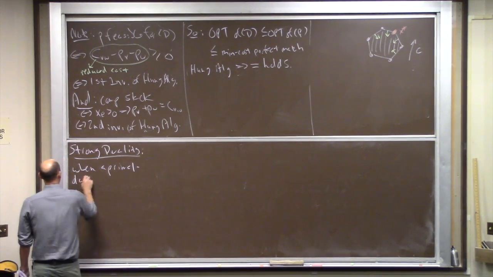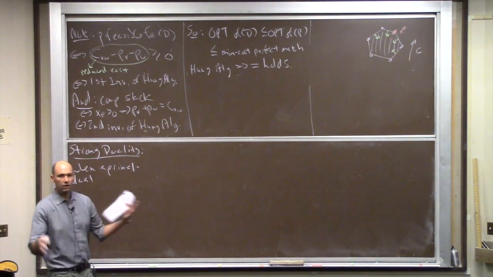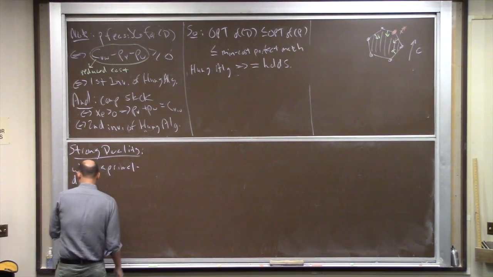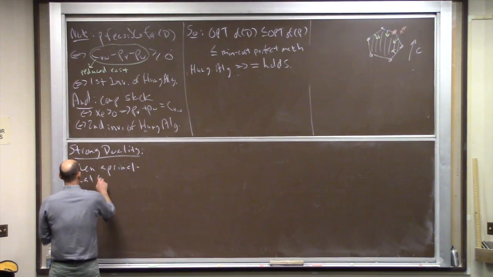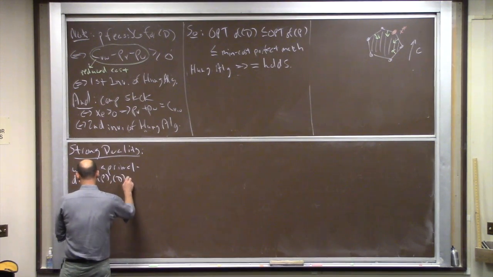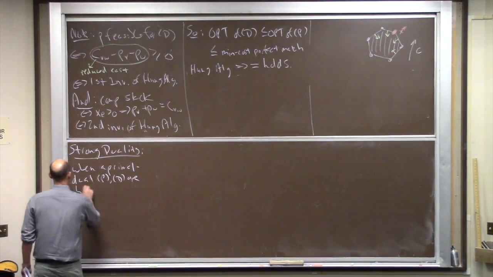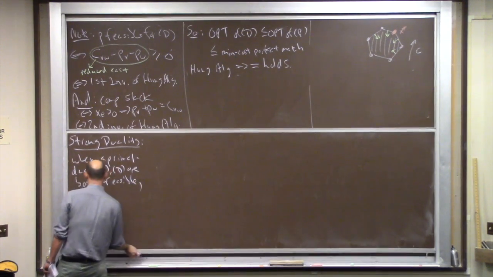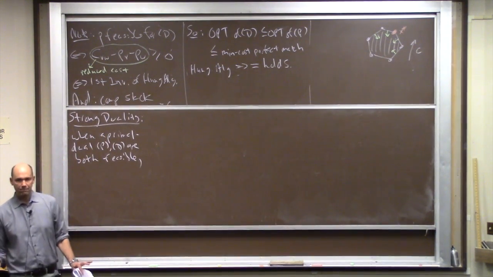Suppose you have a primal-dual pair of linear programs in any of the forms of linear programs that we've discussed. Okay, it doesn't matter which one. So whenever a primal-dual pair, P and D, are both feasible, then in fact, there's no gap.